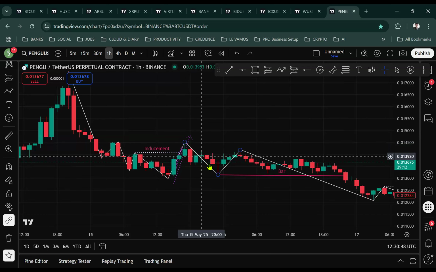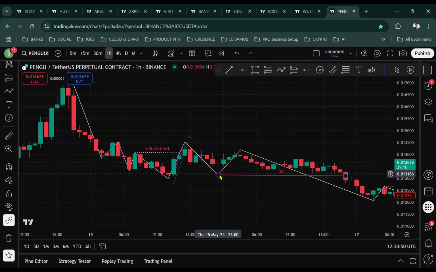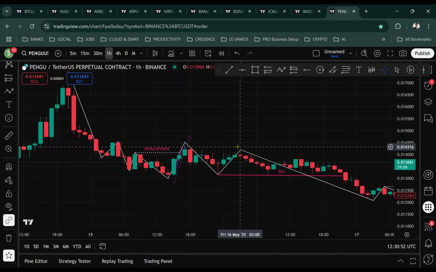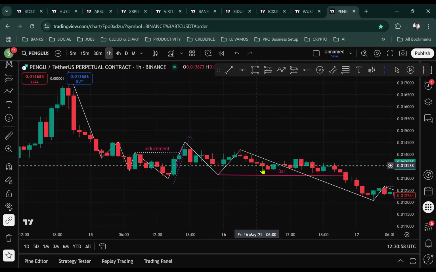That's an uptrend. Did it go higher than this place? If it did, the market is telling us that there might be a change of trend coming in. So we'll still talk about it anyway.